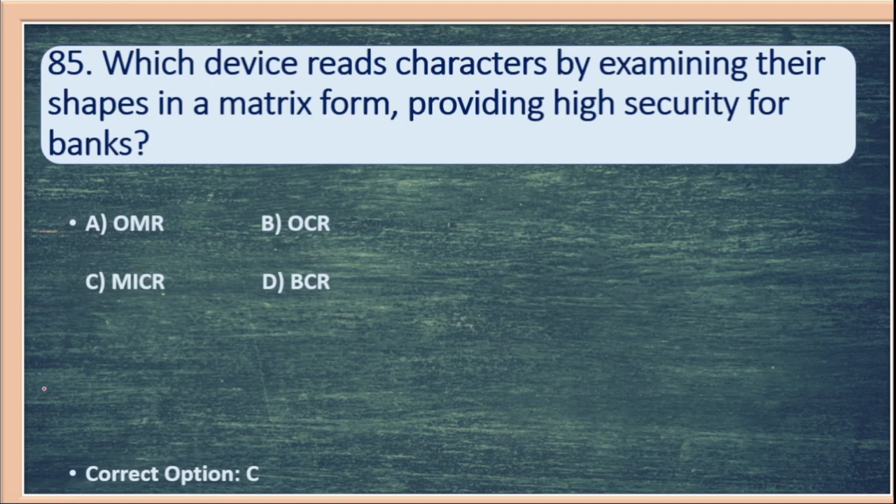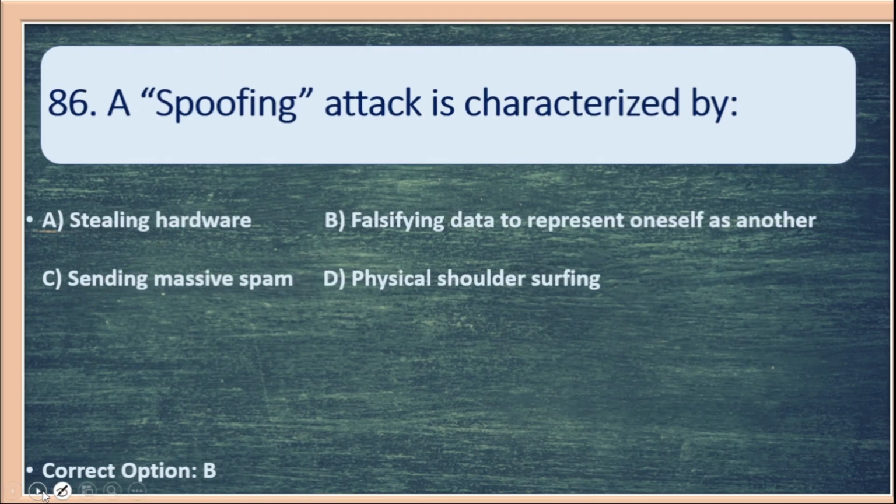Which device reads characters by examining their shape in a matrix form, providing high security for banks? OMR, OCR, MICR, BCR. Answer is C, MICR. A spoofing attack is characterized by stealing hardware, classifying data to represent oneself as another, sending massive spam, physical shoulder surfing. Answer is B.